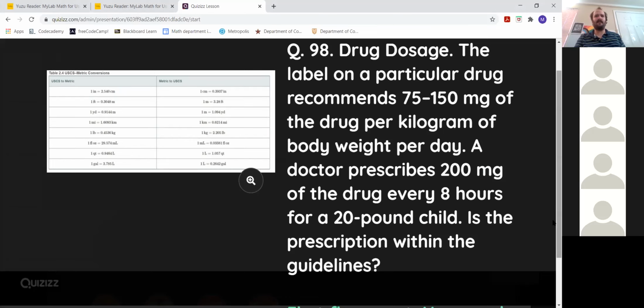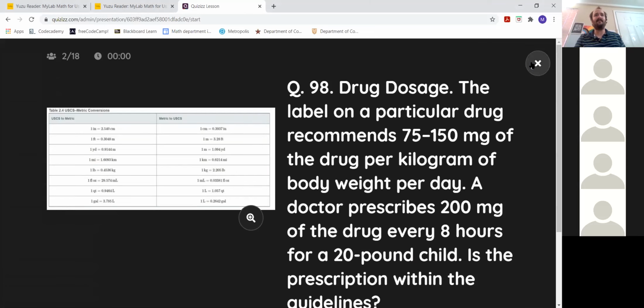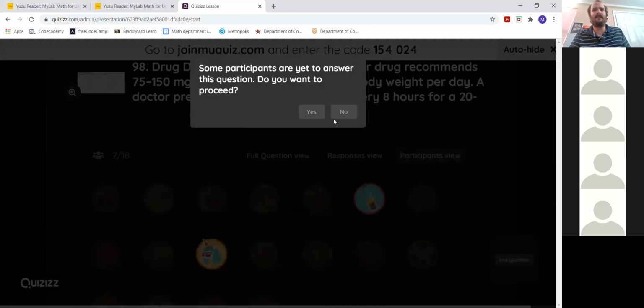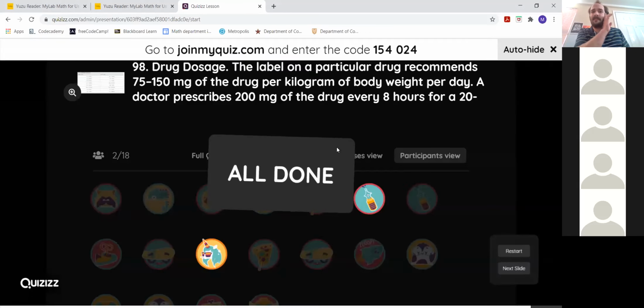I think it's giving me 66.15? So I should be getting 66.15 milligrams per kilogram of body weight.